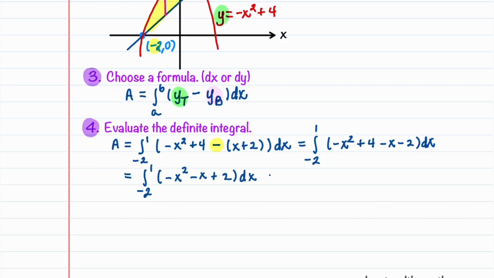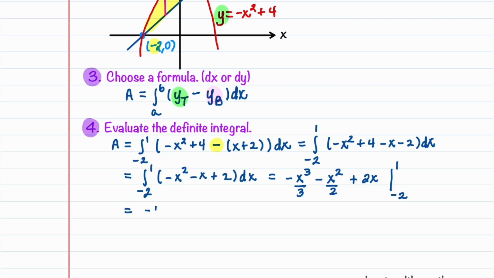Now we can go ahead and integrate this. Our first term is minus x cubed over 3, and then we have a minus x squared over 2, and then our last term is plus 2x, and we're evaluating this from -2 to 1. Now let's plug in that x is equal to 1.